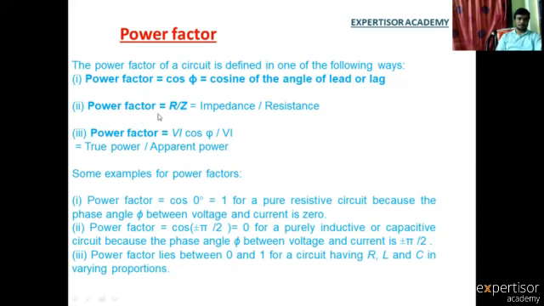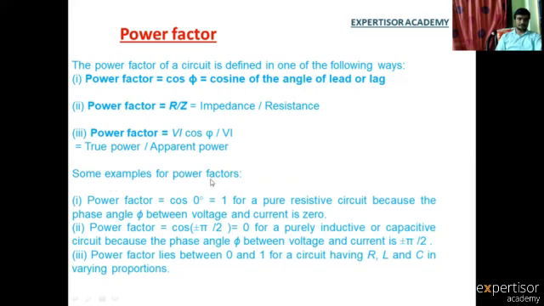Another way, power factor is equal to resistance by impedance. Power factor is equal to VI cos phi divided by VI, so that means true power divided by apparent power. So these are the three ways to define the power factor.